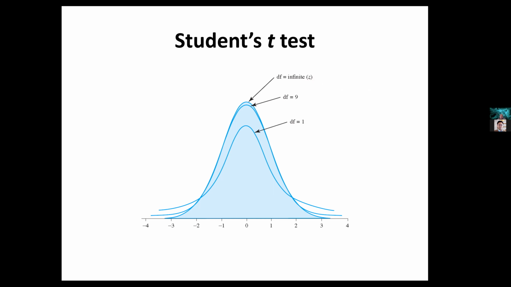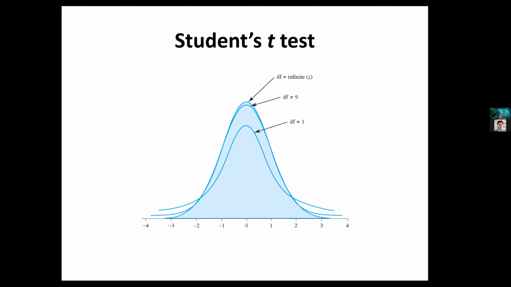So t distributions with 60 or more degrees of freedom are nearly indistinguishable from the standard normal distribution. Therefore, in large samples, it really doesn't matter whether you use a t procedure or a z procedure. So this really depends on your sample size when dealing with degrees of freedom.